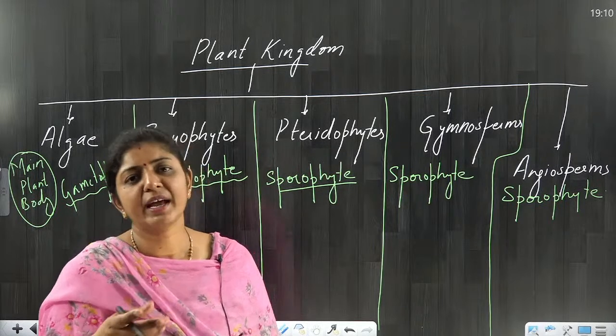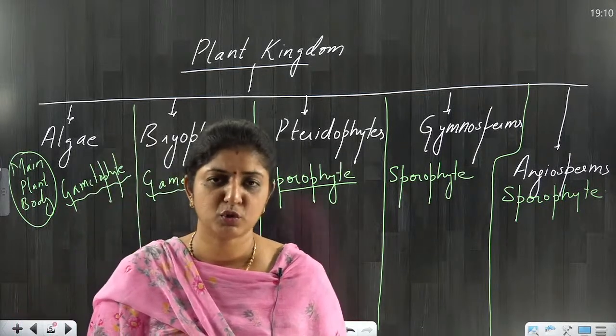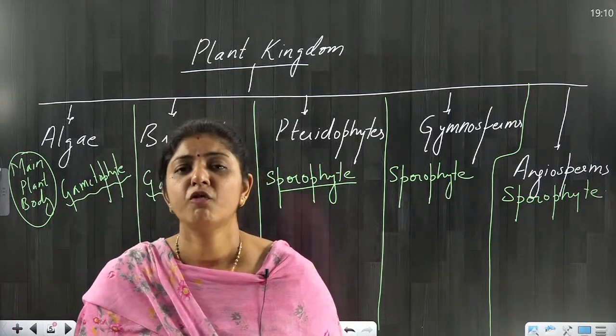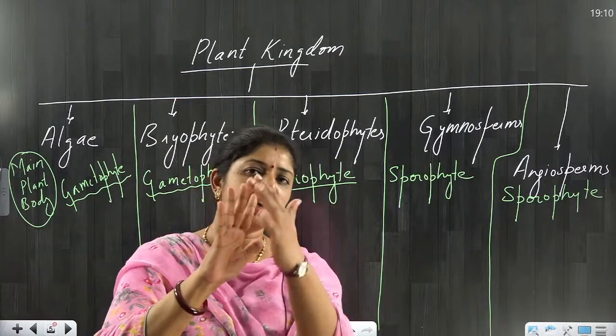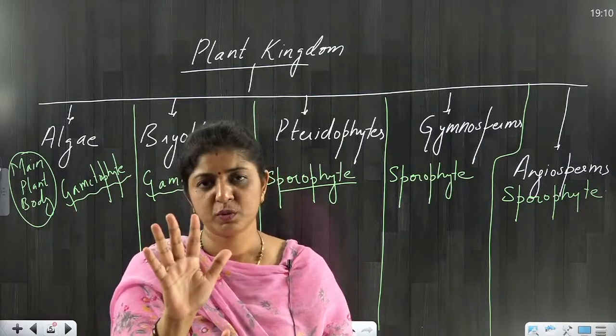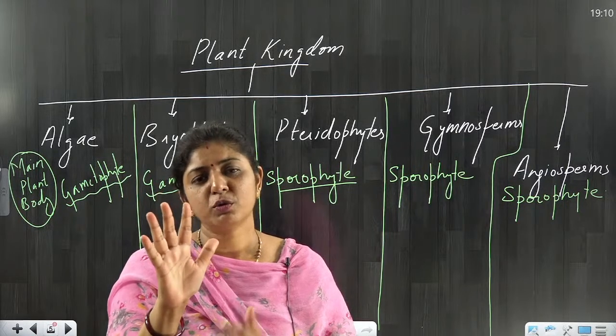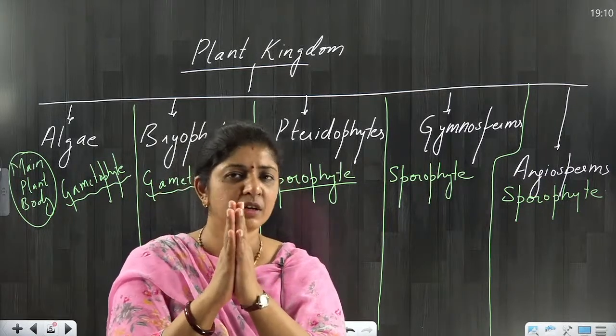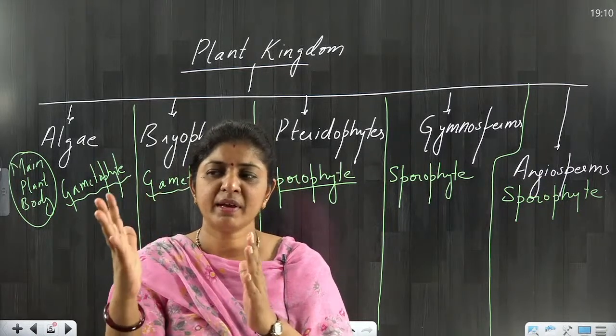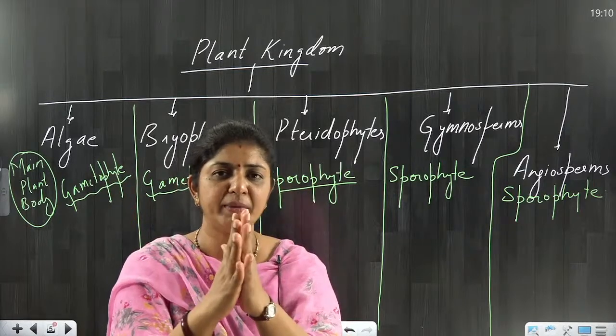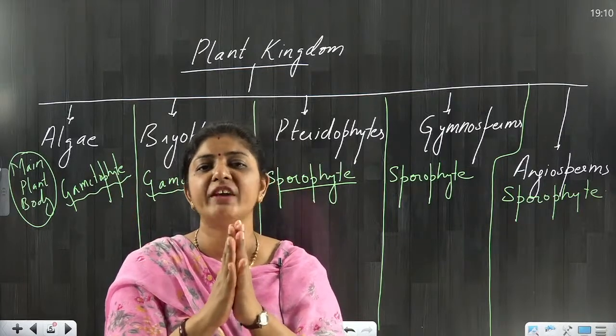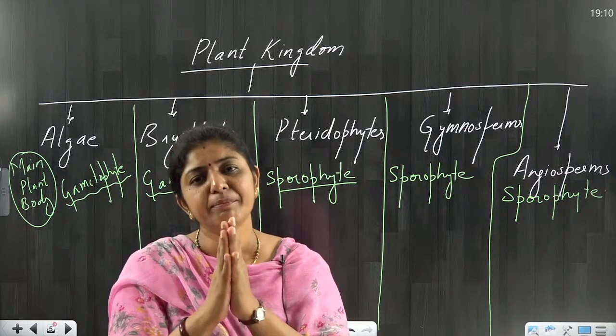If you don't have an idea what a haploid number of chromosomes is, let me show you like this. For example, suppose these 5 fingers are the 5 chromosomes. You know that every chromosome has its homologous pair. So if I take these 5 as its homologues and make 5 pairs, this will be diploid.